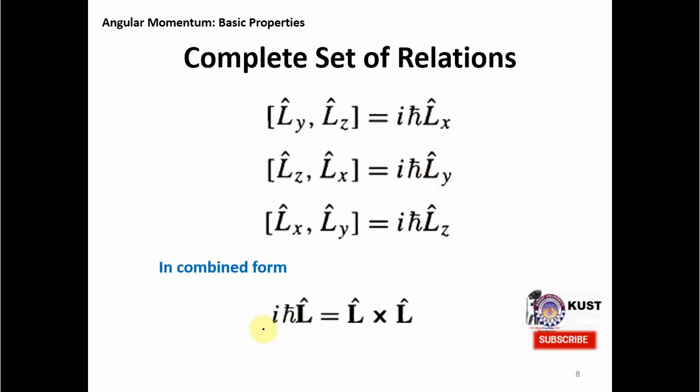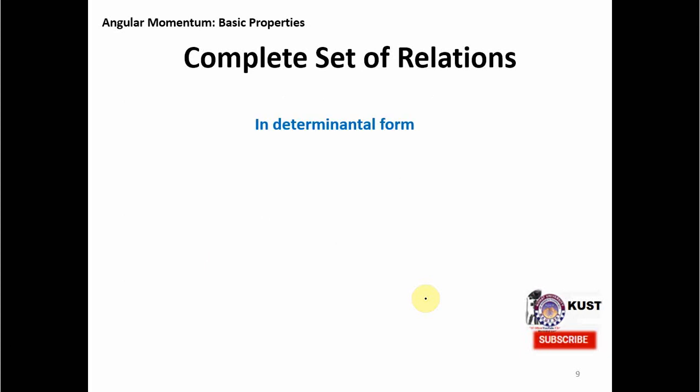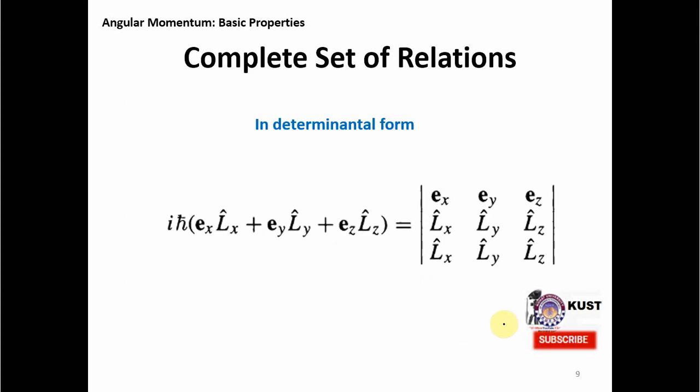You can check that the component by component relations come from here, with all the L's on the left and L on the right. And in determinantal form, the L on the left hand side and the right hand side form a determinant, as we started with in the beginning with this definition for calculation of the components of the angular momentum.